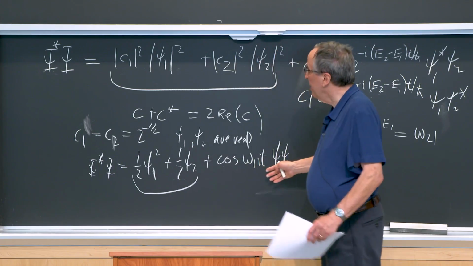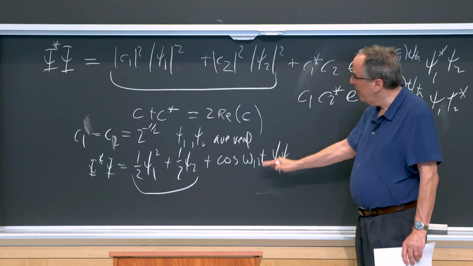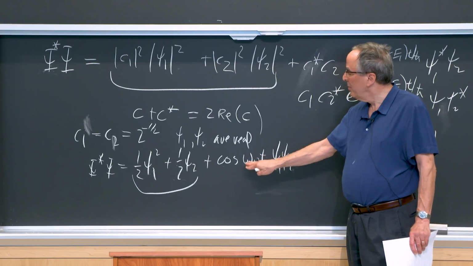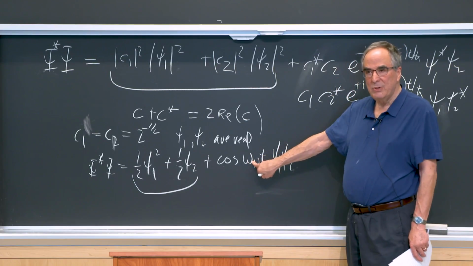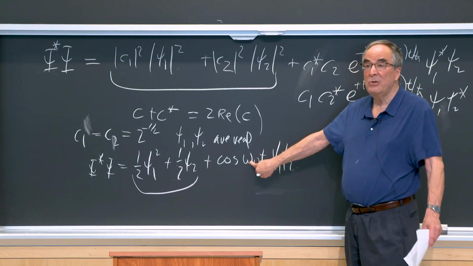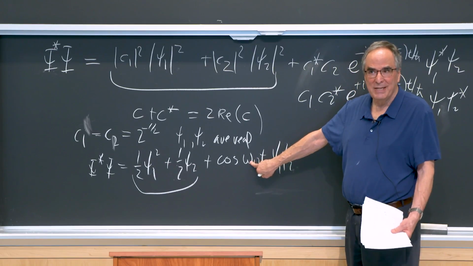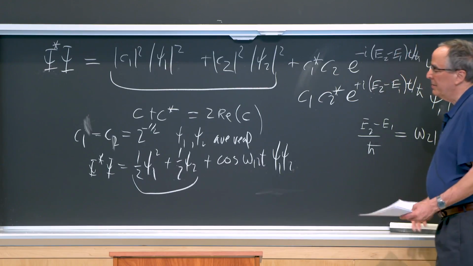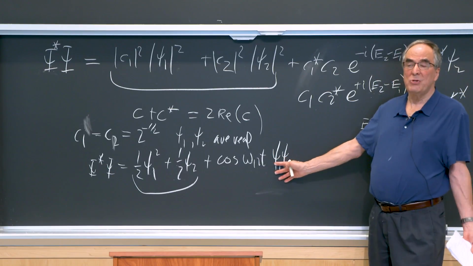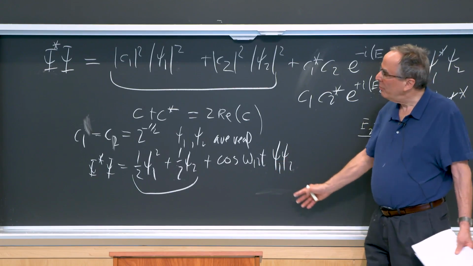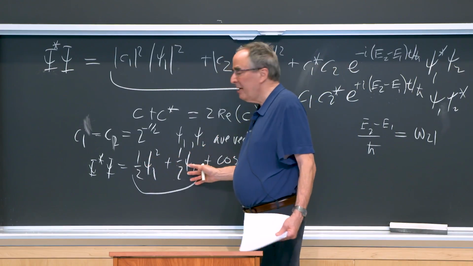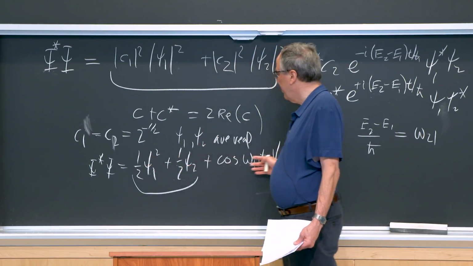And so here, if E1 is not equal to E2, we have a non-zero omega 1,2. It doesn't matter whether it's omega 1,2 or omega 2,1 because it's cosine. So that's motion. We get a standing wave sort of situation, and then we get this motion.